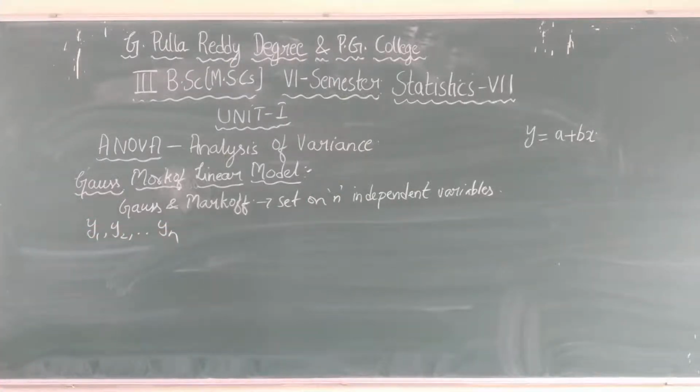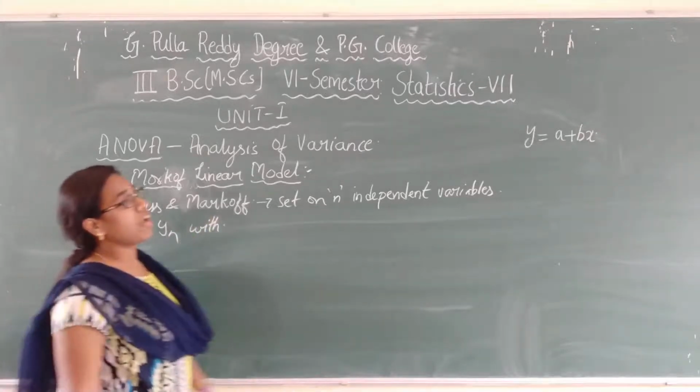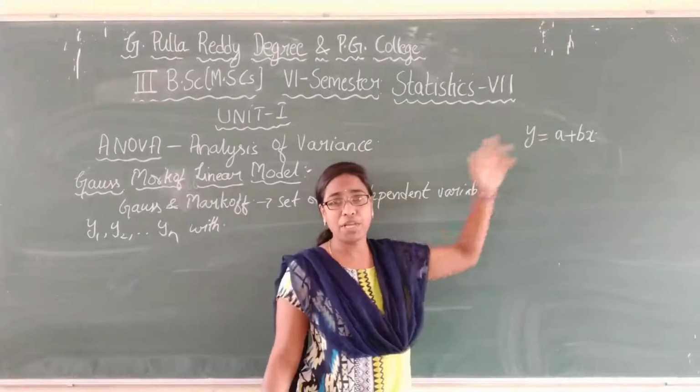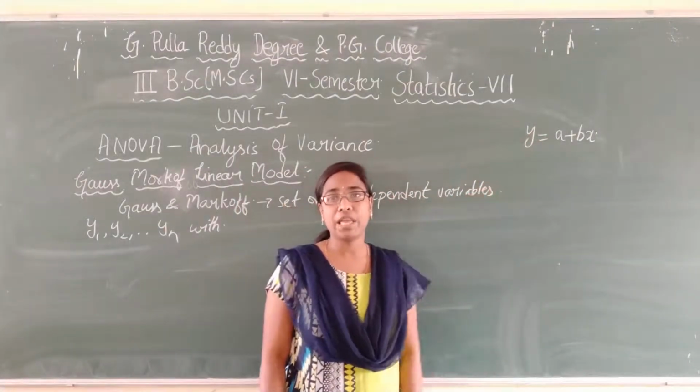So for the set of n independent random variables y1, y2, so on, yn with some unknown parameters. If I say y equals a plus bx, what are the parameters in this? a and b are the parameters.